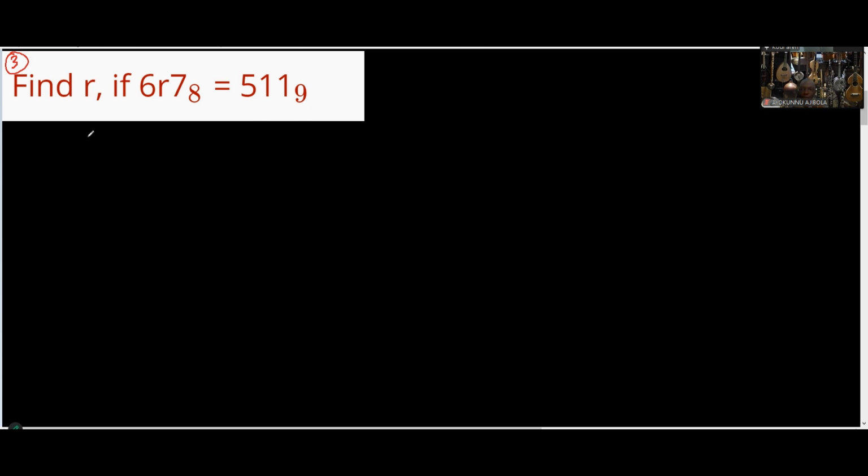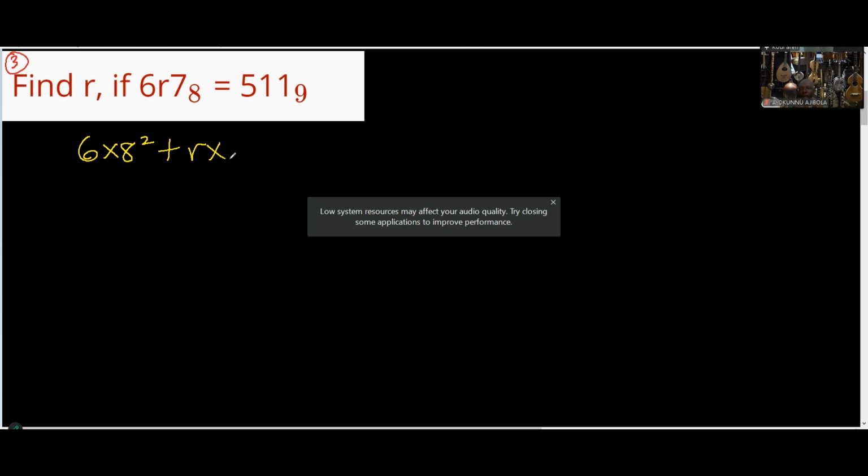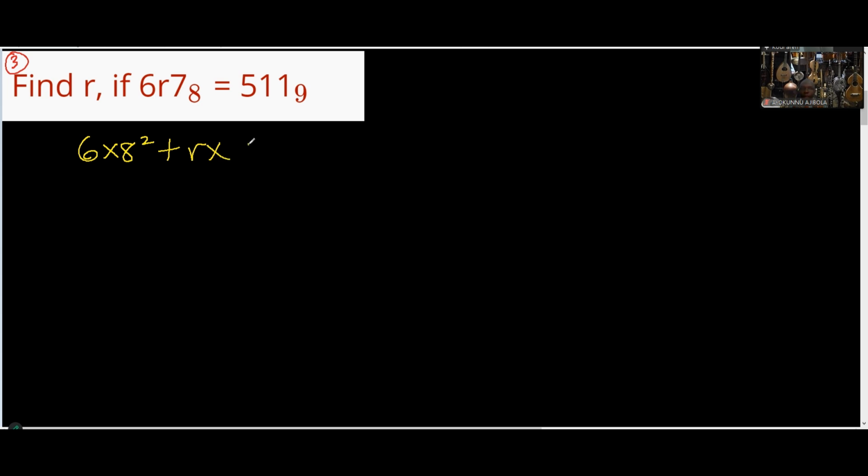So this is going to be 6 times 8 raised to power 2 plus r times 8 raised to power 1 plus 7 times 8 raised to power 0, equal to 5 times 9 raised to power 2 plus 1 times 9 raised to power 1, then plus the last one there times 9 raised to power 0.